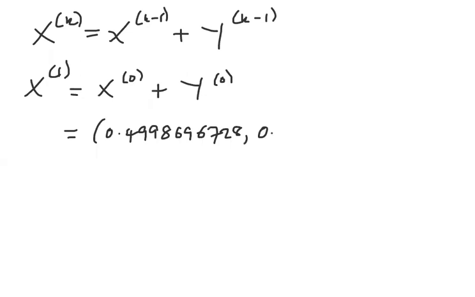Then the next value will be 0.01946684853, and the last value will be negative 0.5215204718 transpose, and that will be the first approximation.